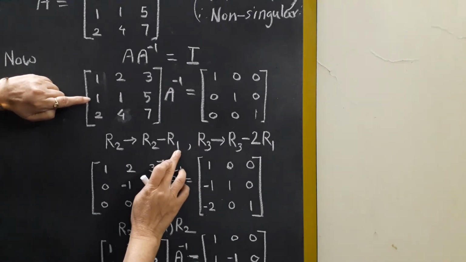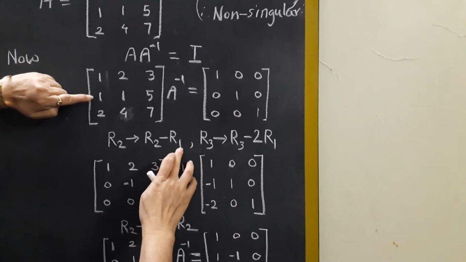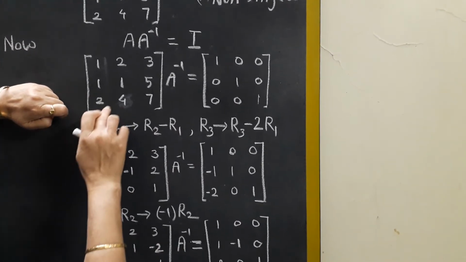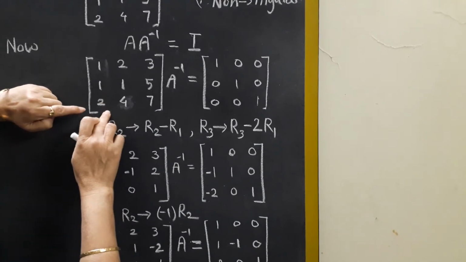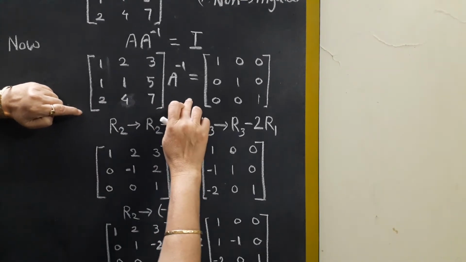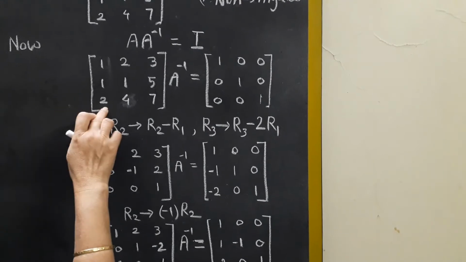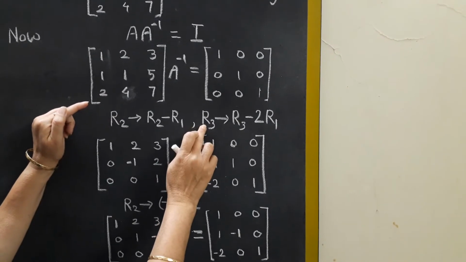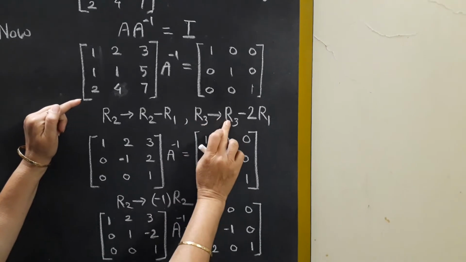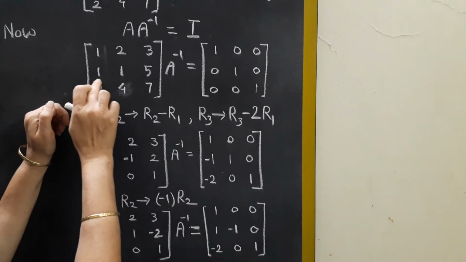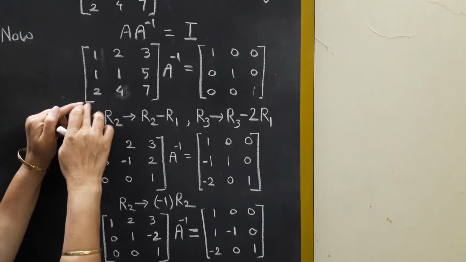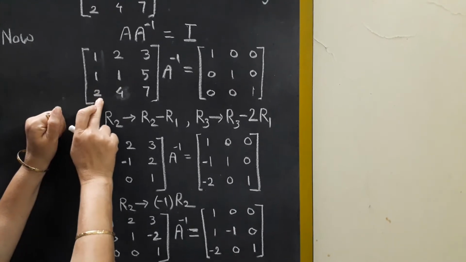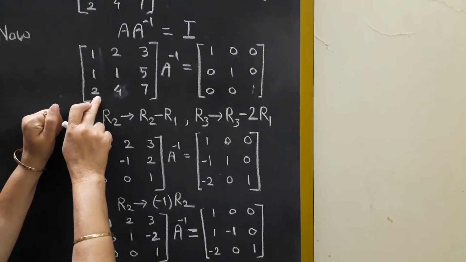So R2 changes to R2 minus R1. In the same manner, I want to convert this 2 into 0. The row I am supposed to change is R3, so I start with R3 changes to R3. The number I want to convert into 0 is 2, and the opposite of this number is -2.